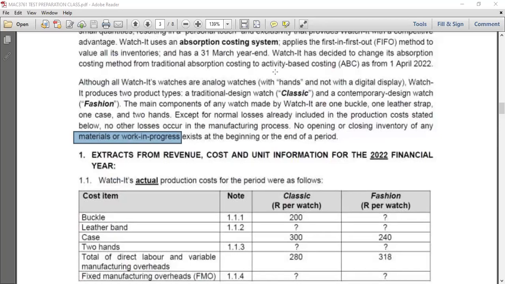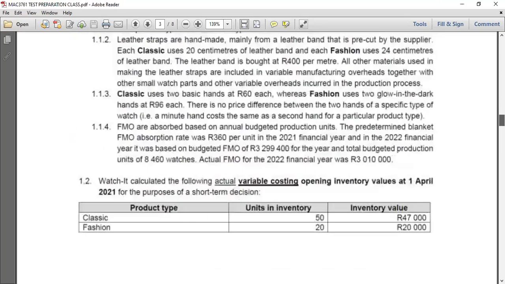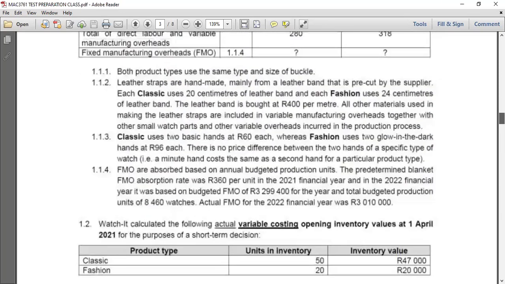So we can't wait for the end of the period to do our costing. That's the reason why we always use budgeted overhead absorption rates. Right. I hope that answers you. Yes, it does. Thank you.